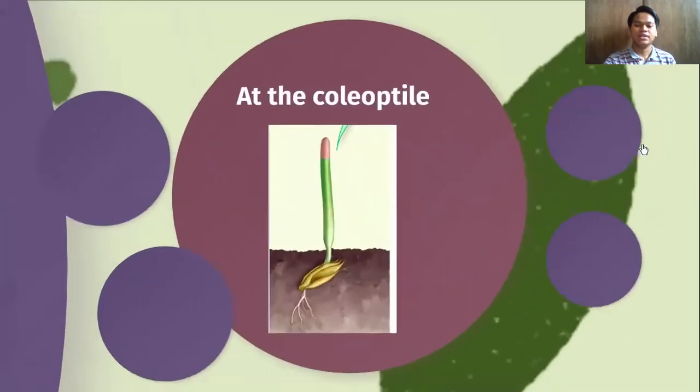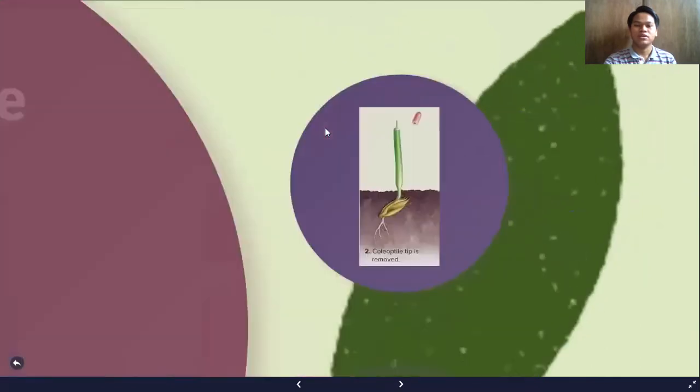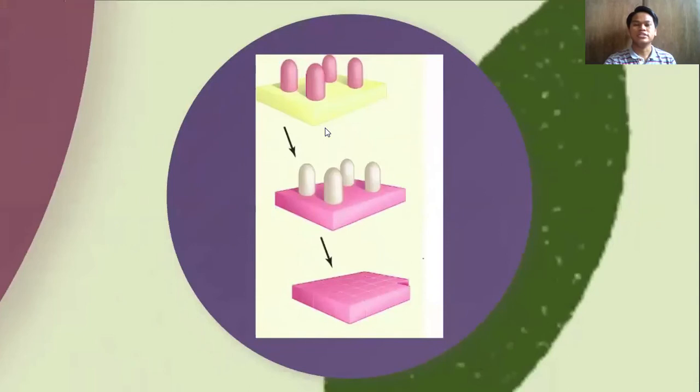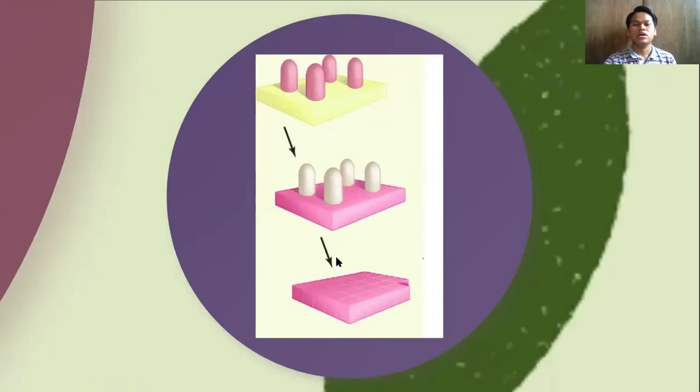Basically, at the coleoptile, the scientists removed the tip. After that, the tip was put on an agar block. The pink color diffused into the agar block. This shows that the auxin hormone at the tip can diffuse into the agar block.